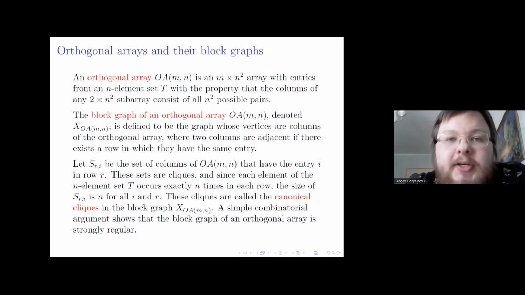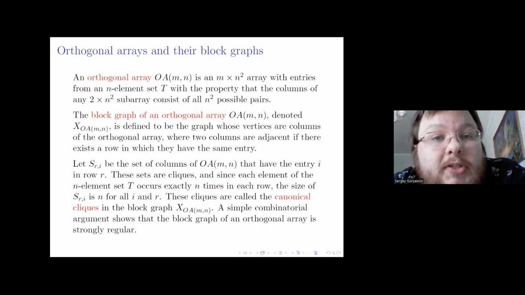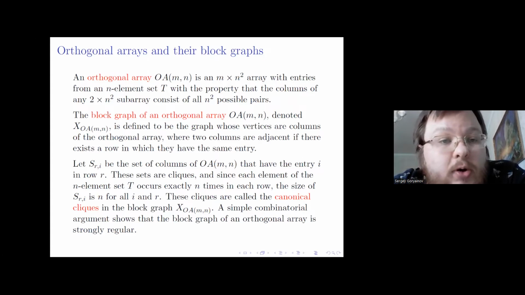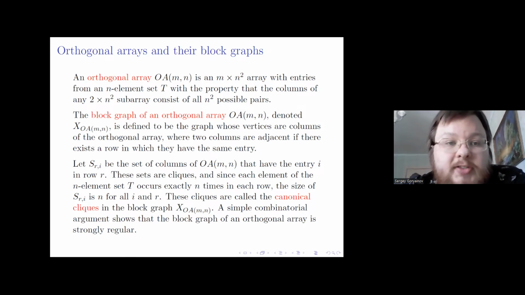An orthogonal array OA(m, n) is an m times n² array with entries from an n-element set T with the property that the columns of any 2 times n² subarray consist of all n² possible pairs. The block graph of an orthogonal array OA(m, n), denoted by X_OA(m,n), is defined to be the graph whose vertices are columns of the orthogonal array, where 2 columns are adjacent if there exists a row in which they have the same entry.